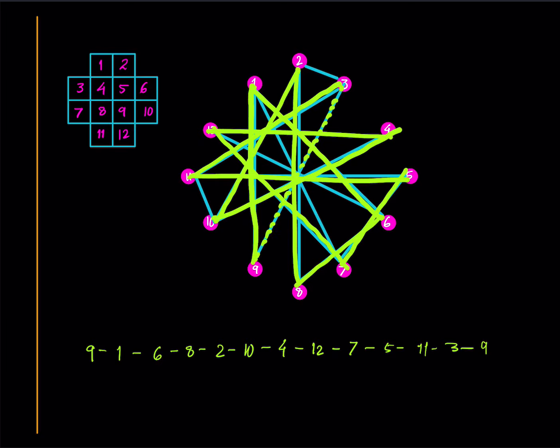So if you follow this around in this diagram, 9, then 1, then 6, then 8, then 2, 10, 4, 12, 7, 5, 11, 3, and then again 9. So yes, indeed it is possible.